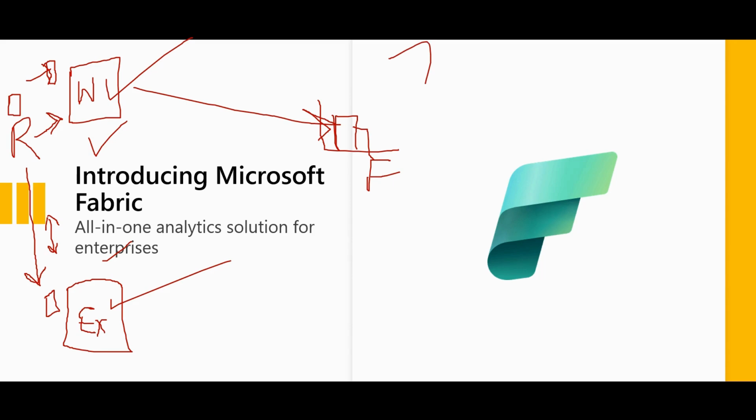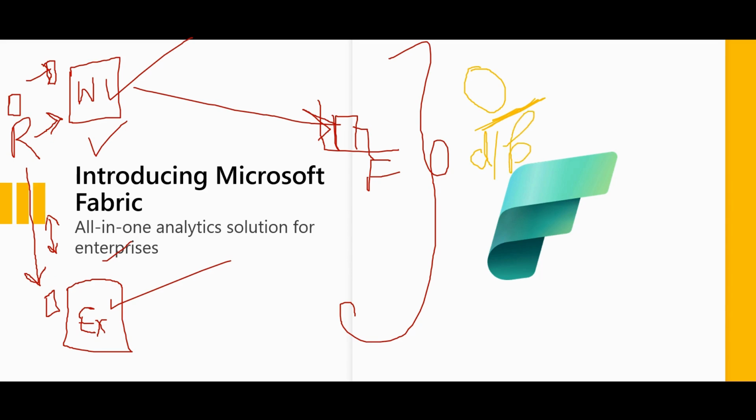Microsoft has taken this concern and created a unified copy of our data. Microsoft has a thing called OneLake, in which all of the files are saved in Delta Parquet format. Delta Parquet is a standard format for Microsoft, which does not require any change.